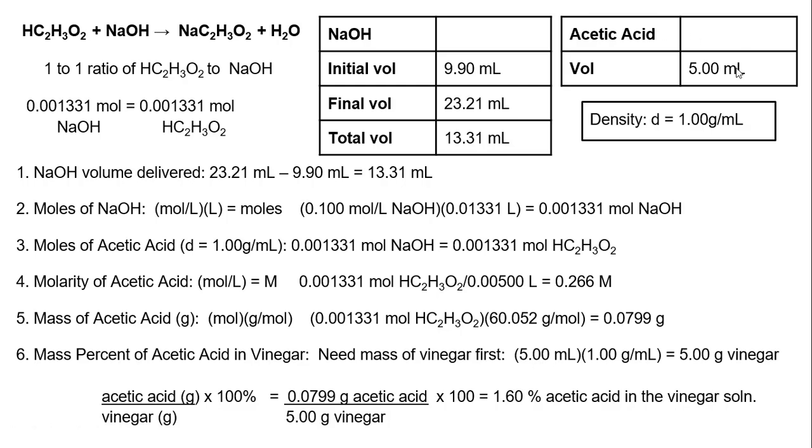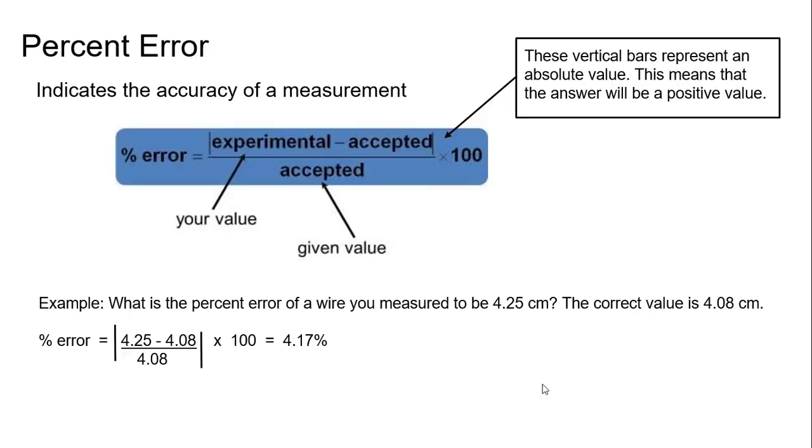How do you get rid of mLs? You cancel them out by using density. That now gives me 5 grams of vinegar. I already have my grams of acetic acid. I set them on top of each other, and it gives me 1.60% acetic acid in vinegar. That's what I came up with in my mock trial.